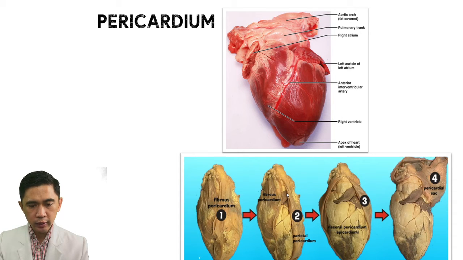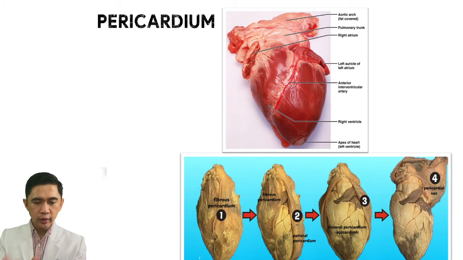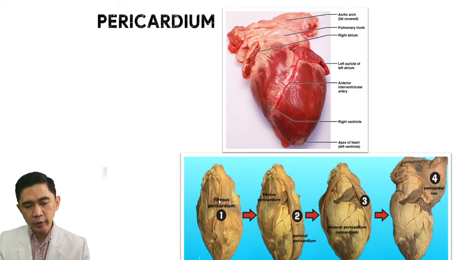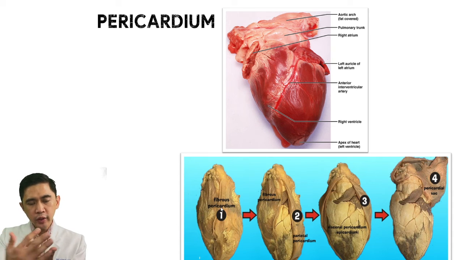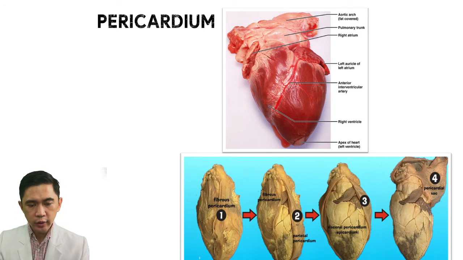If we peel this off, just inside the fibrous pericardium is the parietal pericardium. It is the pericardium that is facing the heart. The fibrous pericardium is facing the other structures in the chest. And once you peel it, there is another pericardium, which we call the visceral pericardium or the epicardium, which is more intimate with the muscles of the heart.